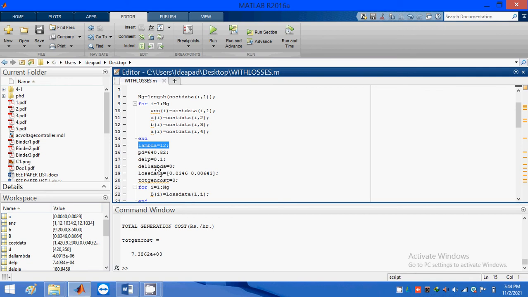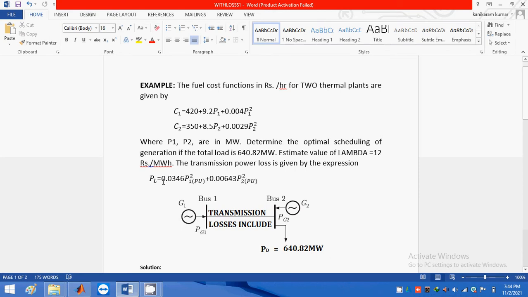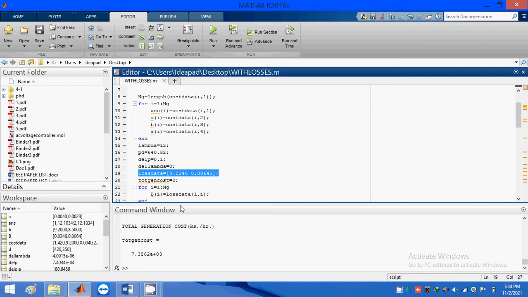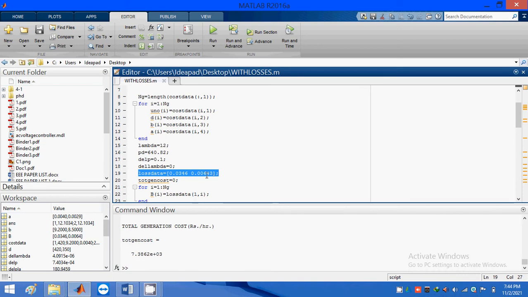And delta lambda refers to the rate of change of lambda at the initial time period. The last data is the transmission line losses: 0.036, 0.03346, 0.00643, 0.00643. First I need to mention the loss data in an array.